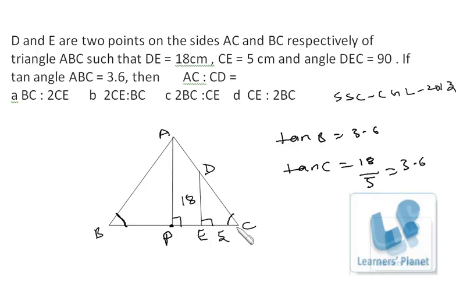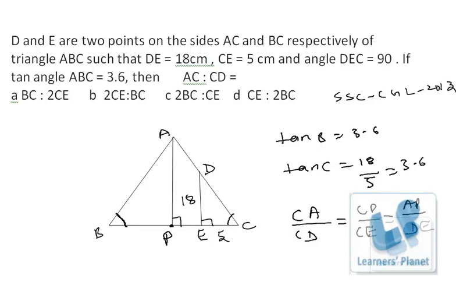So if the triangles are similar, their sides will be in ratio. That means we can say CA by CD is equal to CP by CE, and that is equal to AP by DE, right? All the three sides will be in proportion.